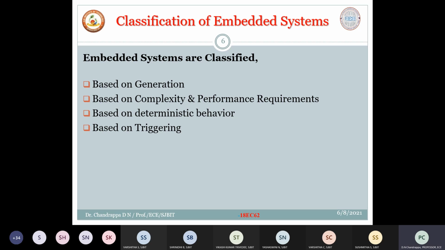These are the four classifications based on different parameters. Now I'll go through them one by one.